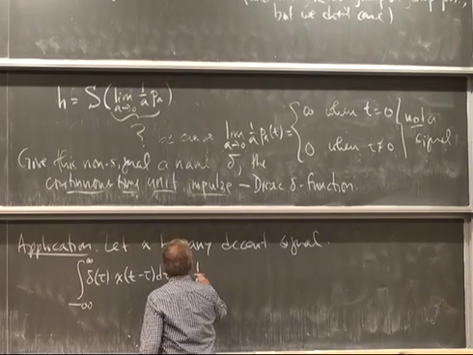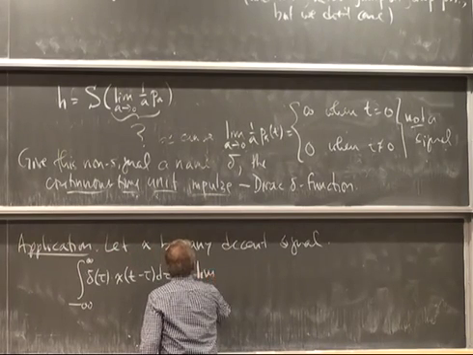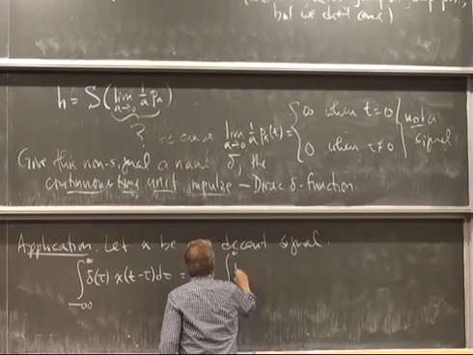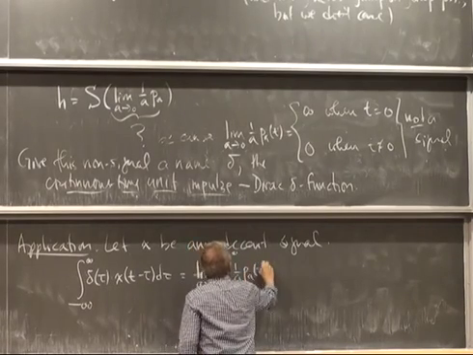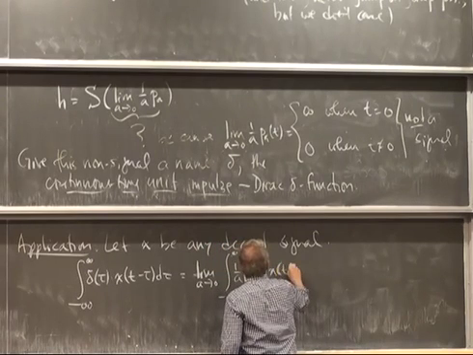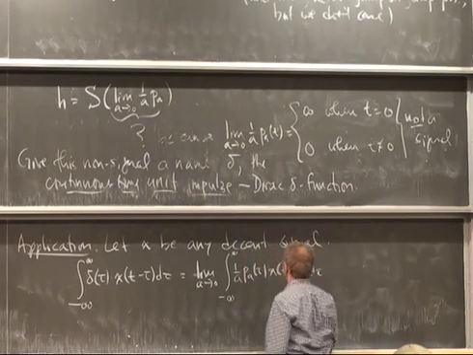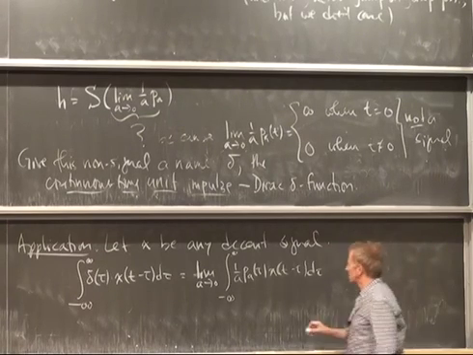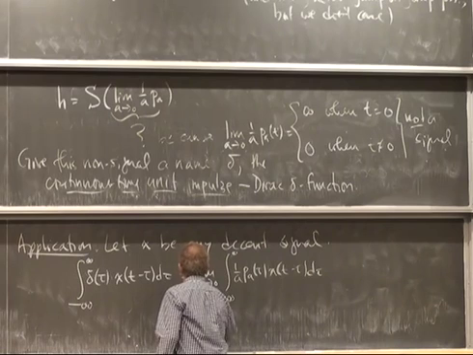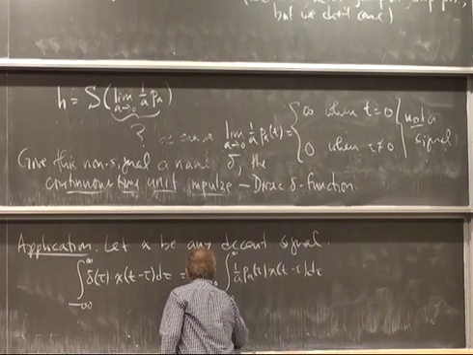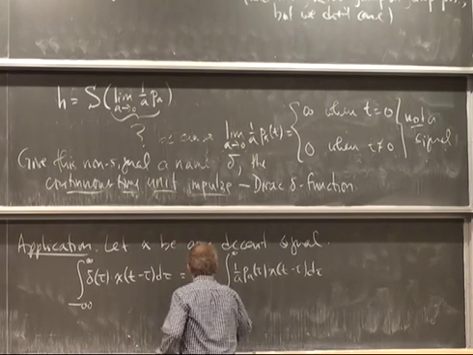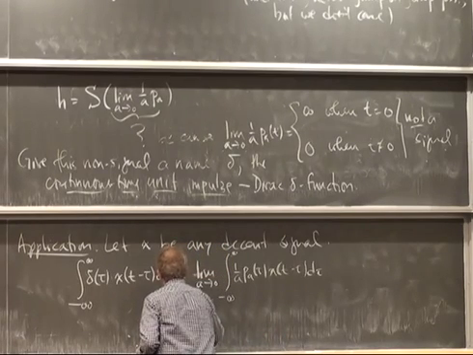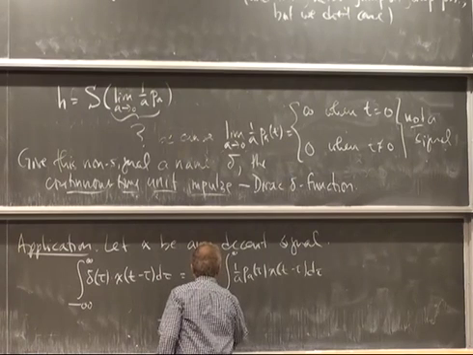It's the limit, as a goes to 0, of the integral from minus infinity to infinity of 1 over a p_a of tau x of t minus tau d tau. And that's the same as 1 over a integral from minus a over 2 to a over 2 of x of t minus tau d tau.